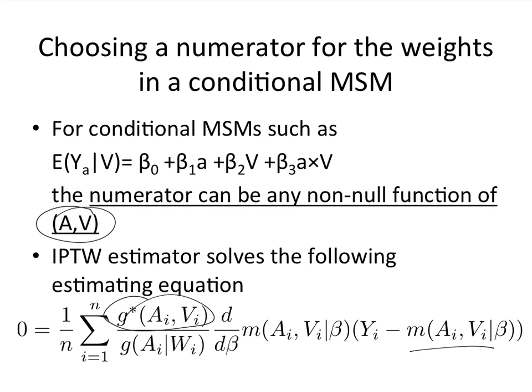So again, it's not fundamentally different from just having the A in there. You just have more variables in there, and now the stabilized weight allows you to include functions of V, which even tracks it closer, right? So now, if g(A|W) is really small, then g(A|V) tracks it probably more closely than g(A), right? Because V is a subset of W, and therefore it probably further stabilizes than just putting g(A) in there.